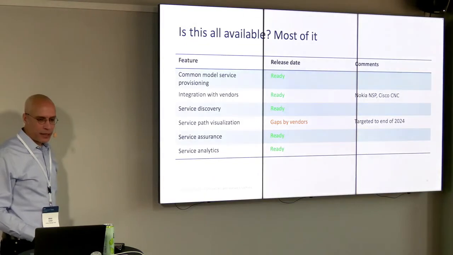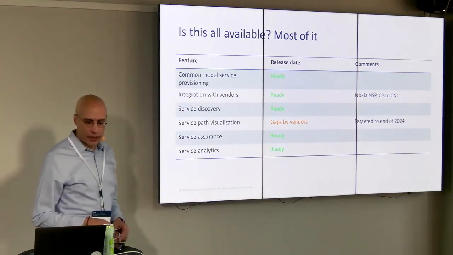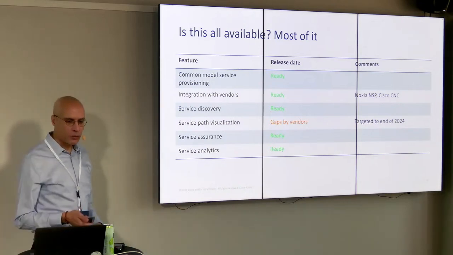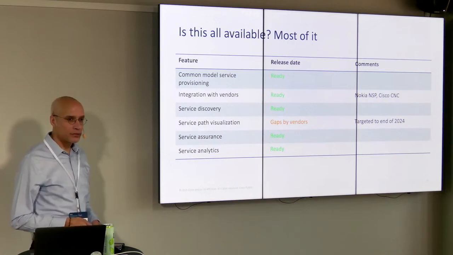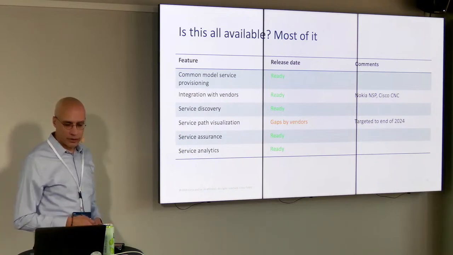When it comes to timeline, specifically about the VPN solution, is this all available? Well, most of it. We have already the common model service provisioning, which was delivered in the latest release of HCO, release 8. Integration with the vendors, we did already integrations with the two systems, including the service discovery.